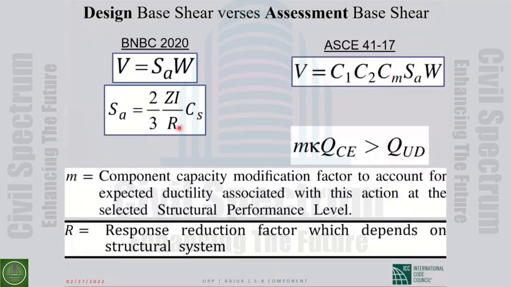what will happen to that R in our approach for the existing buildings? We have what we call M here.